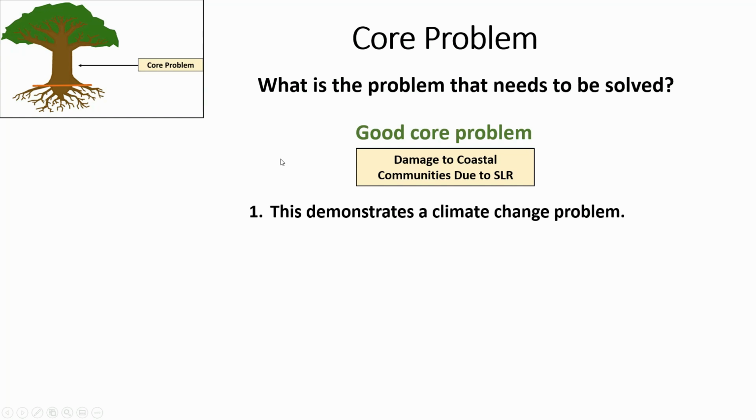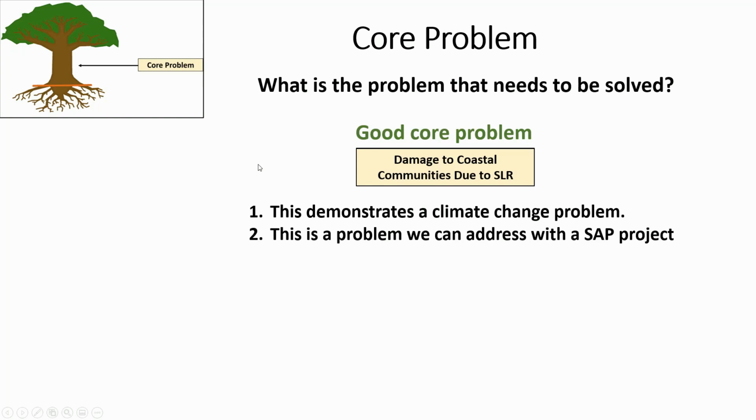Now, what's next? This demonstrates that it's a climate change problem because sea level rise in most instances is a climate change issue because it's resulting from global warming, and our evidence base tells us that. So this is one good aspect of a good core problem.